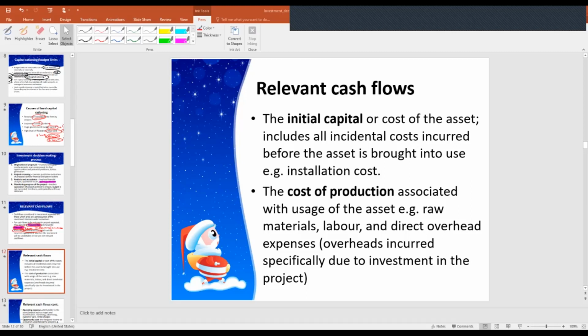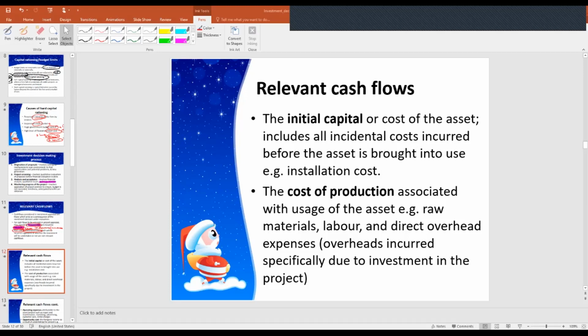Then if it's a machine, for example, there will be the cost of production, the units you will be producing, the raw material. This machine you want to buy, what is it producing? It's producing cement. You, as Babu, want to buy a new machine to produce cement, so you must pay for the limestone, the material used to make the cement.